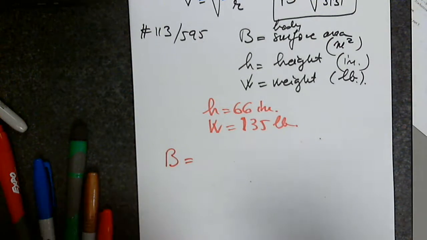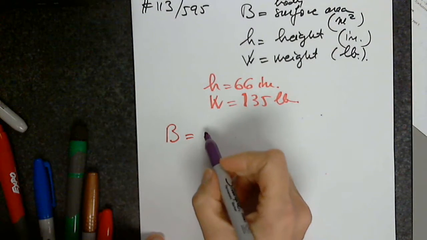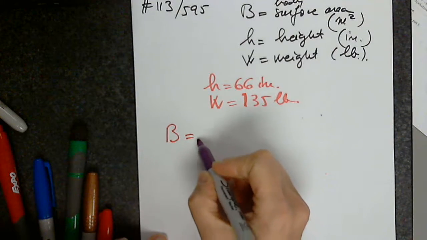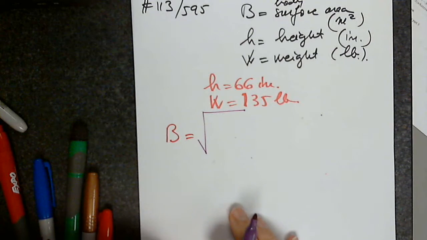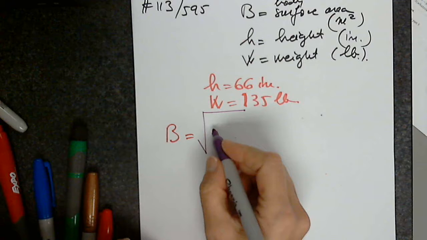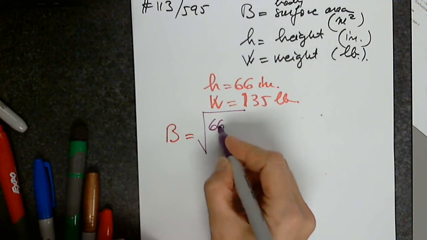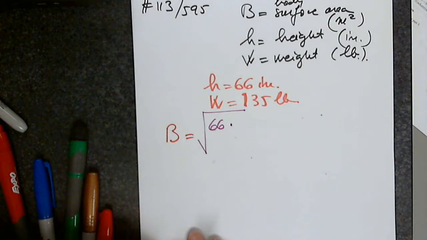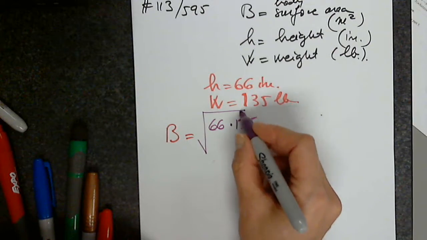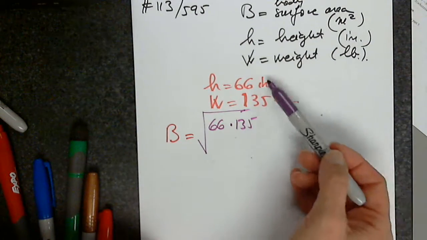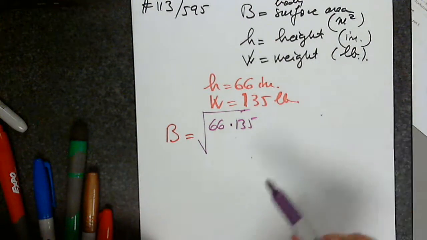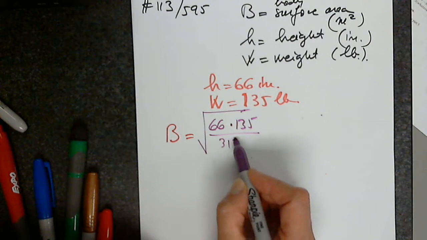Yes? I will write the square root, replace the height by 66 times 135. Are they in the measurement units given? Yes, inches, pounds, correct. And divided by 3131.